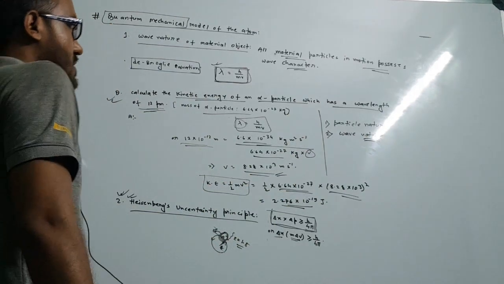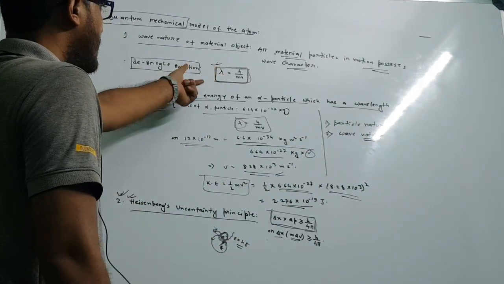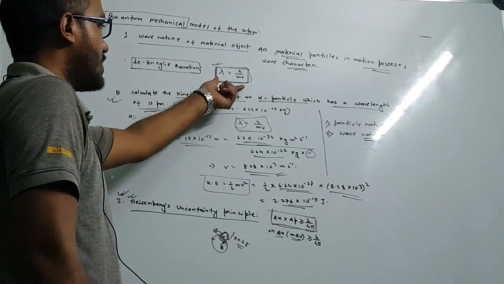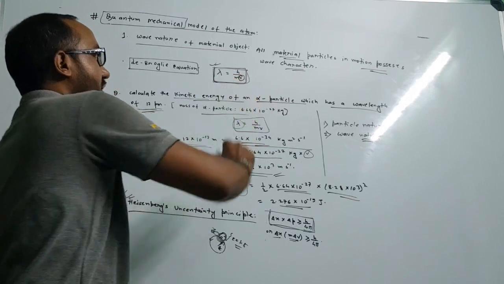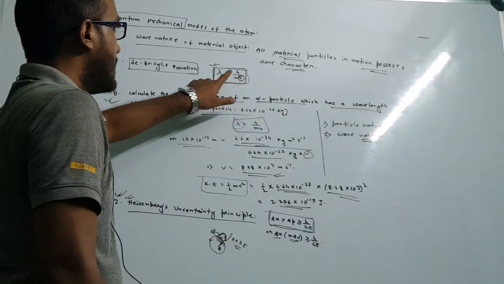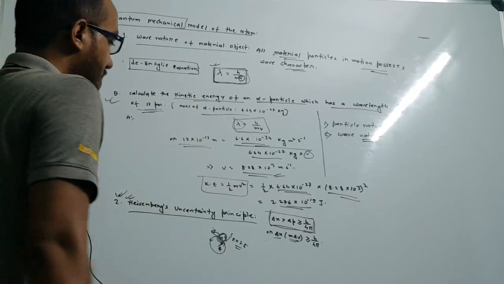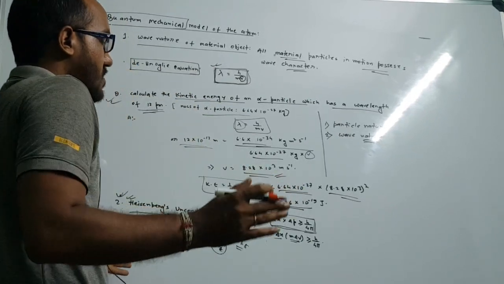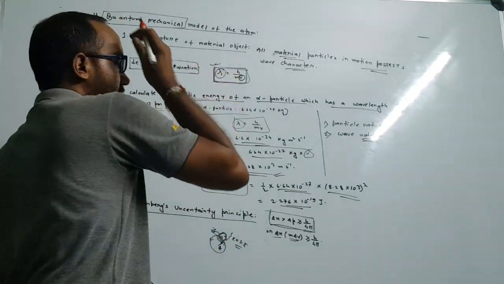These two properties we can say from wave nature, that is, from the de Broglie wave equation we can find out lambda, because if any particle has velocity, then it should have some wavelength associated with it. But when it comes to large objects, then lambda is immaterial.